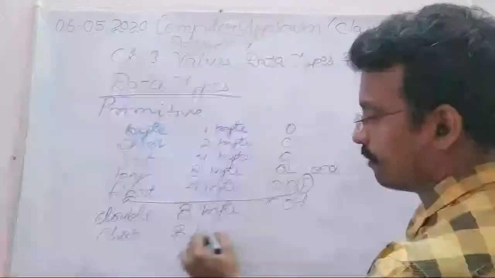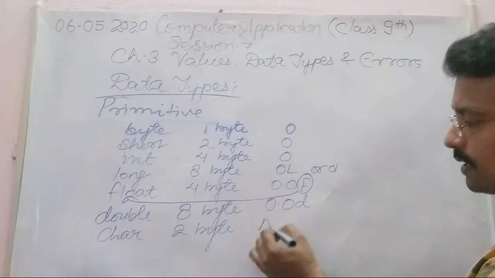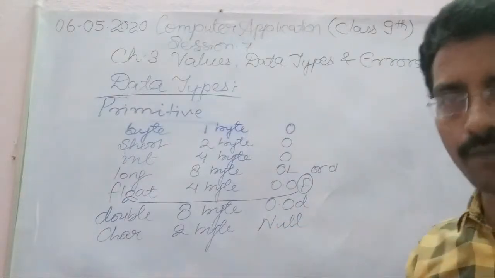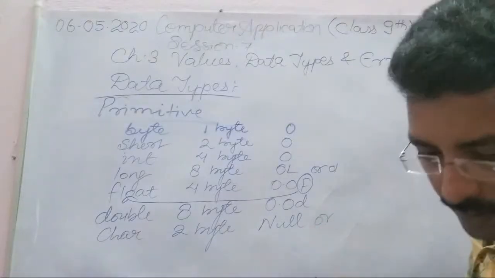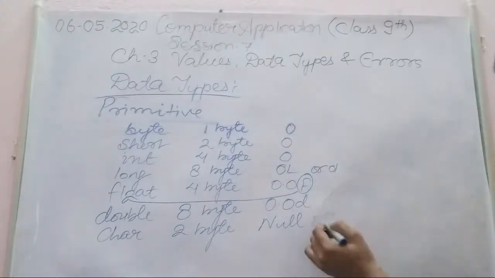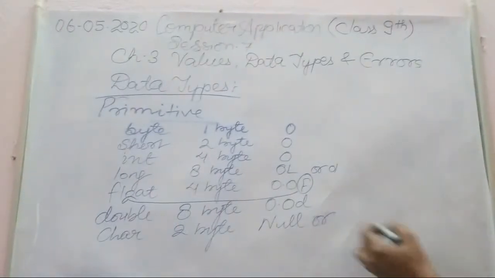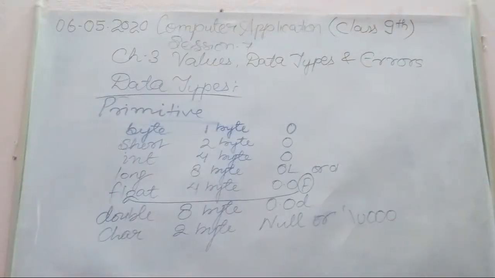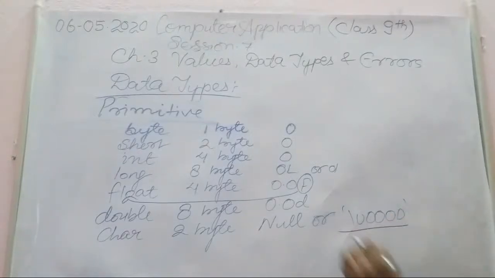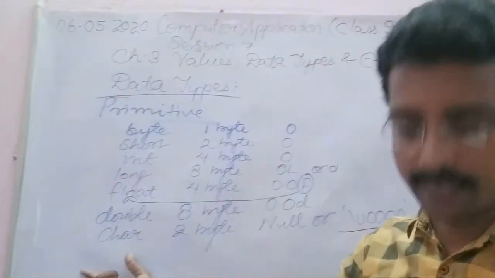Next, char is there. Char uses 2 bytes of memory space, and its default value is null. Null we have already introduced. What do you mean by null? It is the default value of the character data type.